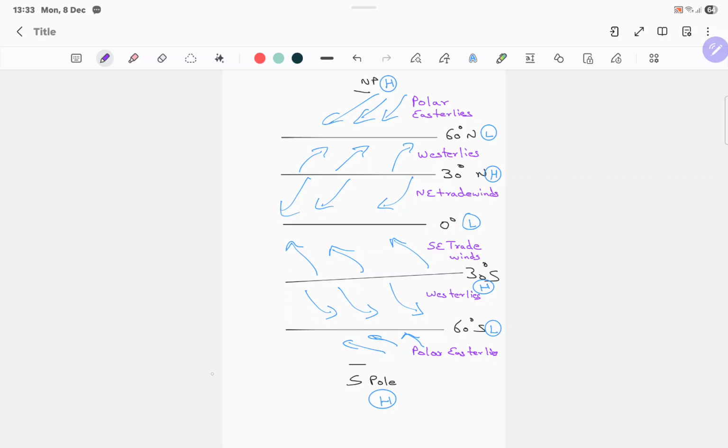So in short, remember these latitudes: 0 degrees, 30 degrees, 60 degrees, and never forget your poles. The other part you have to remember is that wind always travels from high to low pressure area.